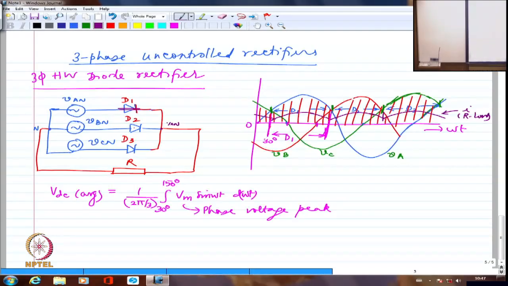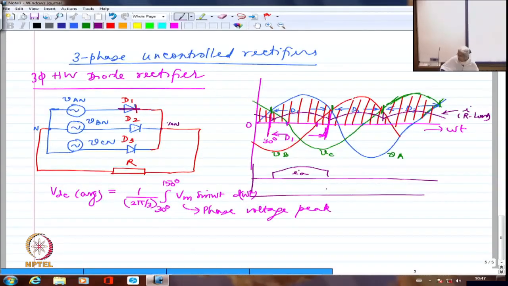So we are utilizing each of the phases in a very, very limited manner. We are going to have A phase current flowing only for 120 degrees. So if I draw the current waveform for A phase, I will draw only like this. That's it. This is A phase current. Right? And if I draw the current corresponding to B phase, this is going to be B phase current.